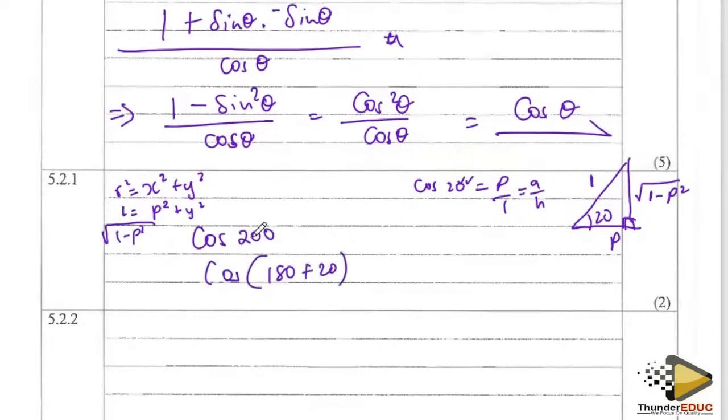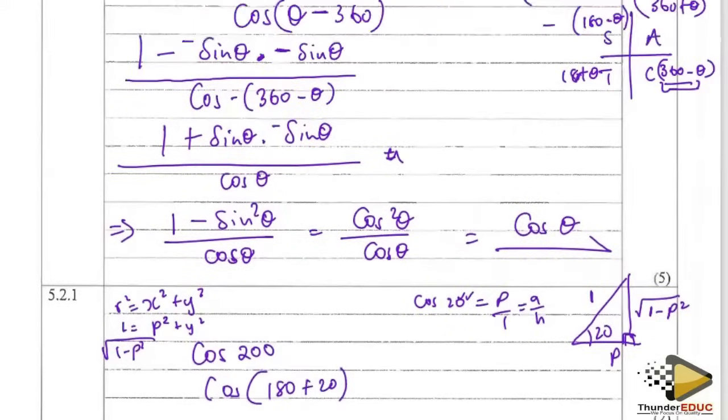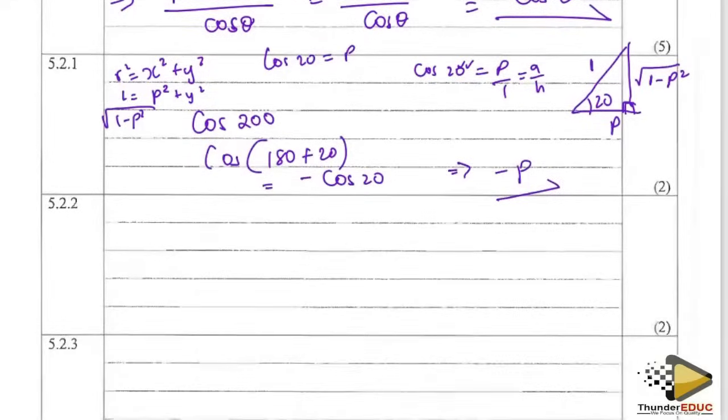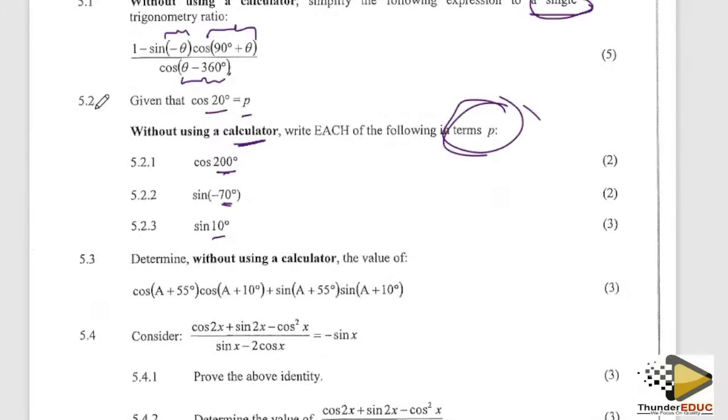That gives me 200, so I must get the same result, but represented in a format that I can reduce. 180 plus is quadrant number 3, and in quadrant number 3, cos is negative. So this is going to reduce to a negative cos of 20. The question told me cos of 20 is p. What about the negative cos of 20? That's going to be a negative p. And then we're done.